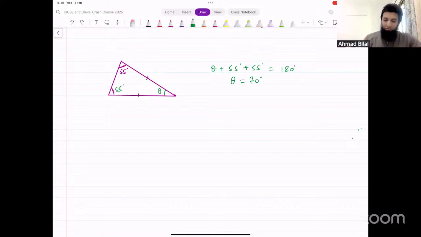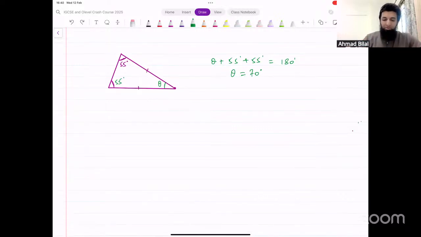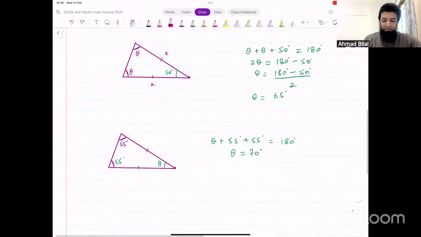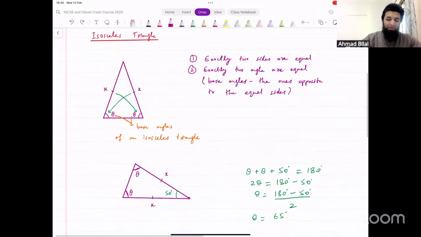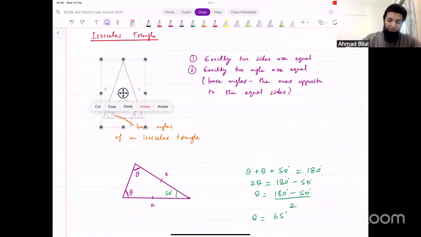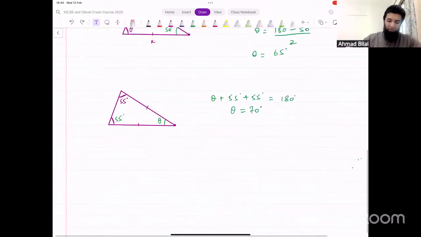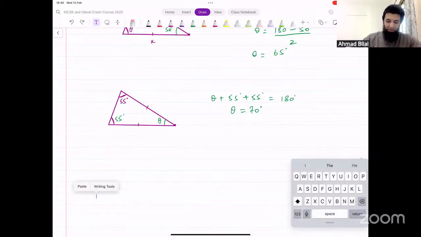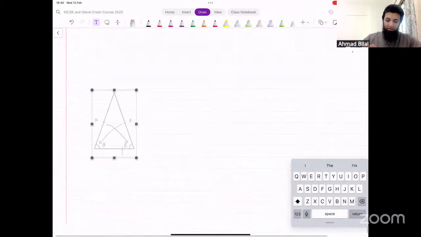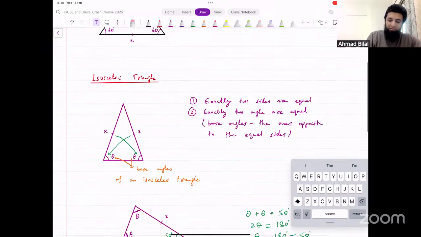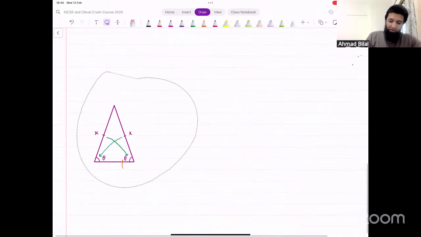Now, there's another property of isosceles triangles, and that is that if you have a triangle like this, let me draw that here. If you have a triangle that looks something like this, it's an isosceles triangle again.